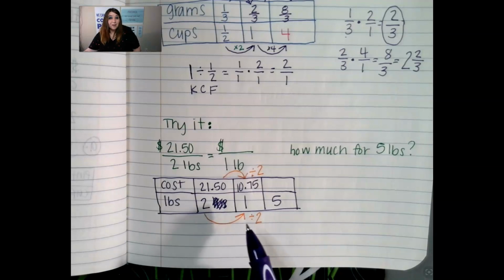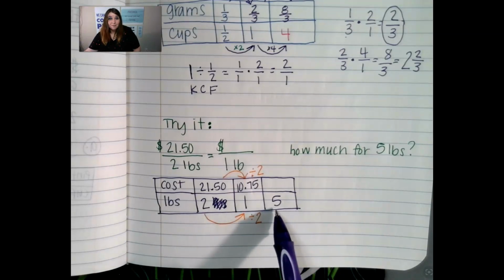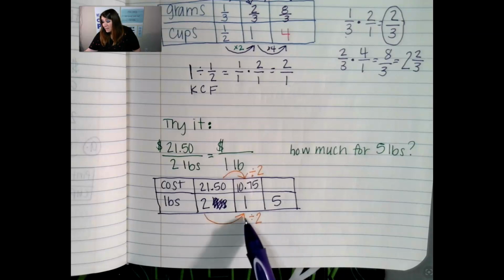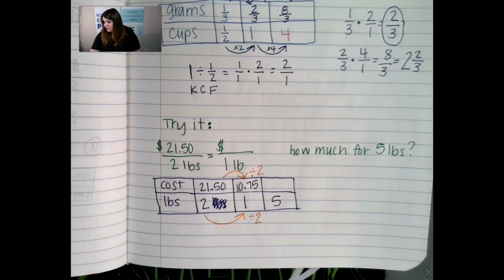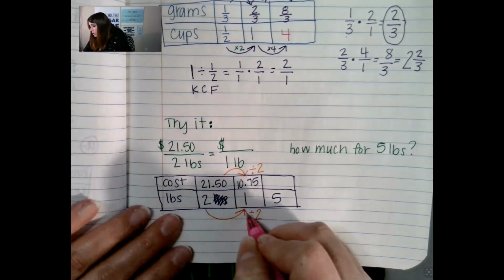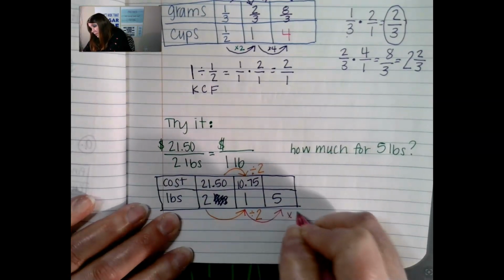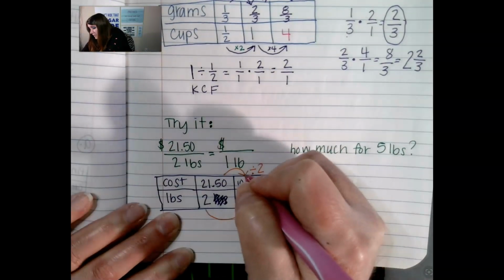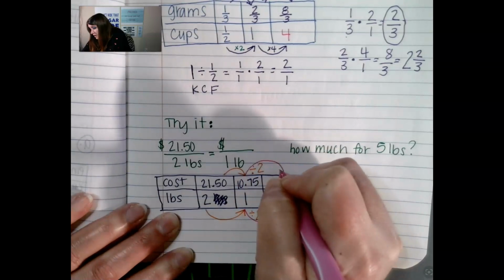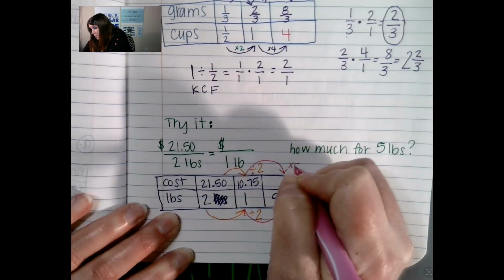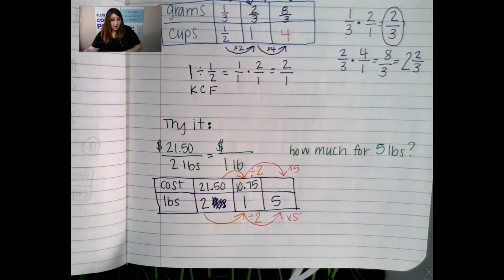Well, I want to know how much is it then for 5 pounds. So I need to go from the 1 to the 5. Well, I multiplied by 5. So on the top, I'm going to go from the $10.75 and multiply that by 5.